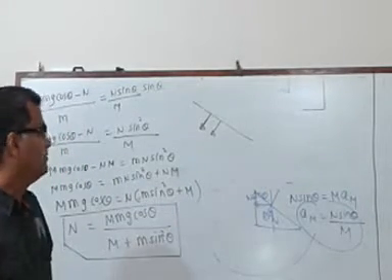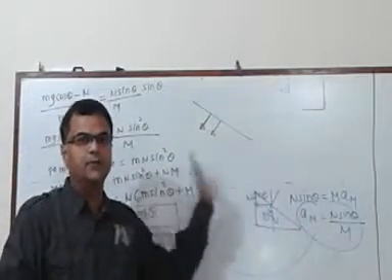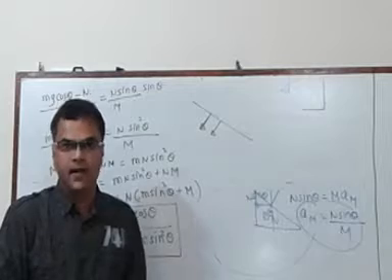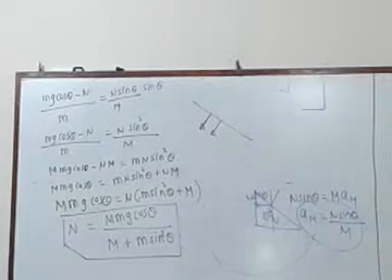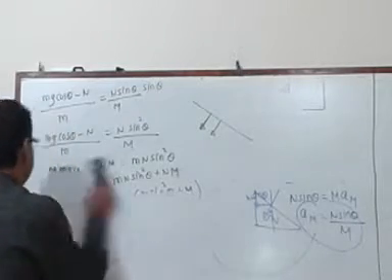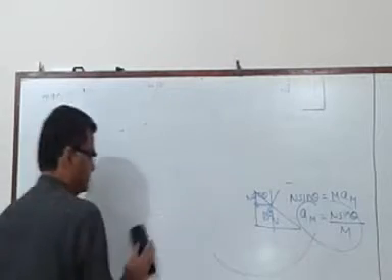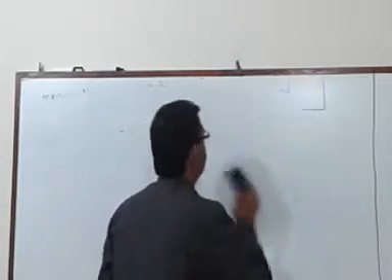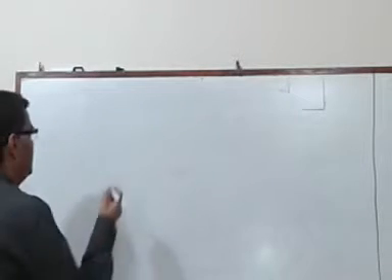For this, I will have to redraw the entire wedge and block system. Again, I have to go for the free body diagram and I will have to repeat the entire procedure. So please bear with me. Let us repeat the entire procedure with a different perspective here.